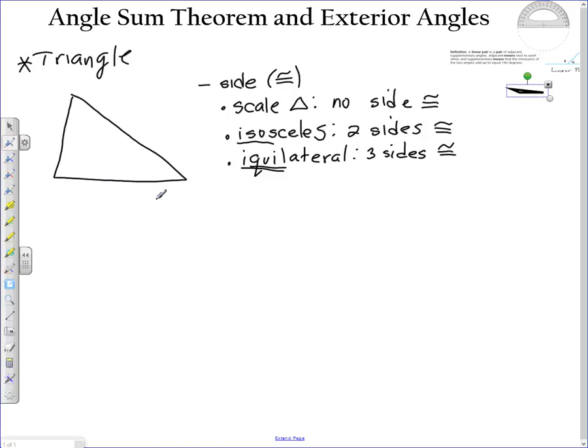Now, there's another way you can classify it, and that is using the angles.